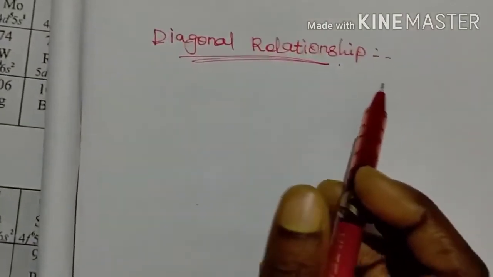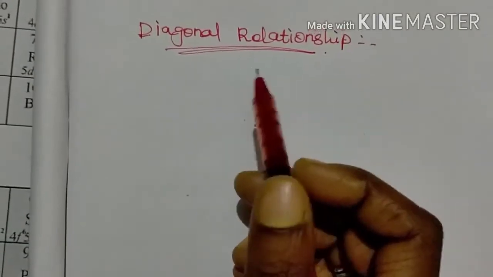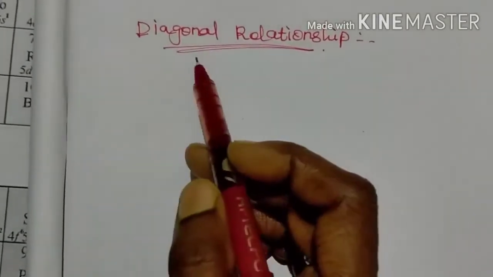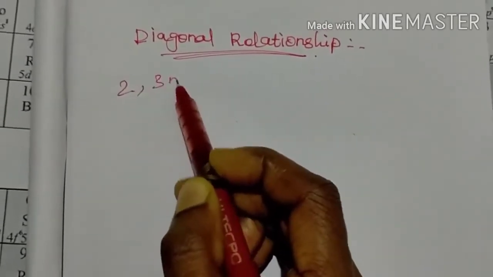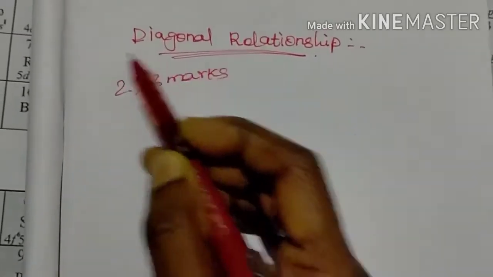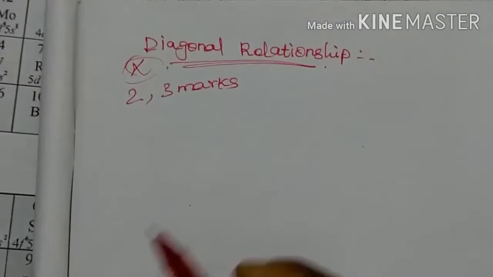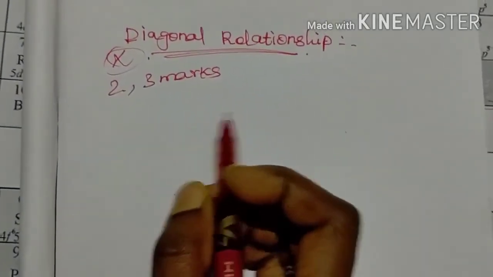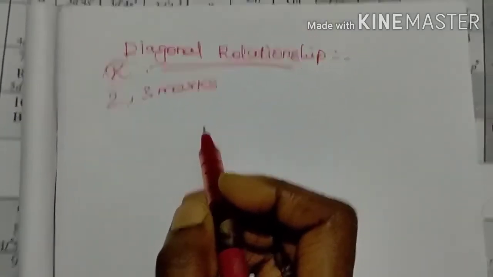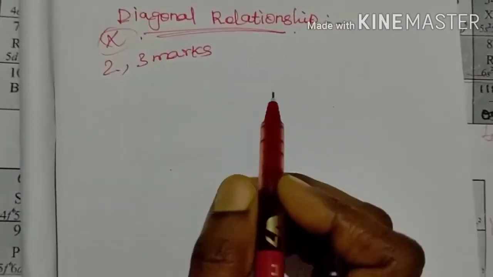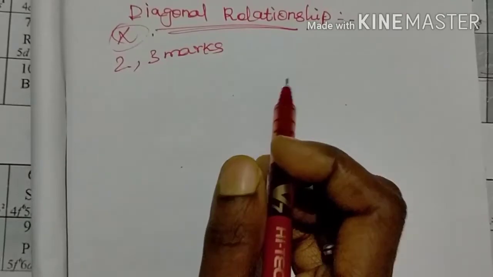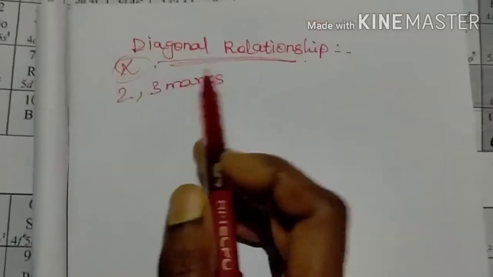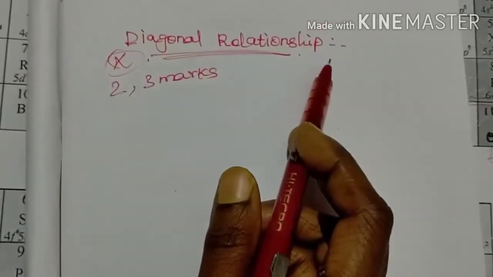One of the most important questions from this unit is the diagonal relationship. Maybe there is a possibility it will be asked as a 2 mark or 3 mark question. The elements which are diagonally placed in the modern periodic table have similar properties.